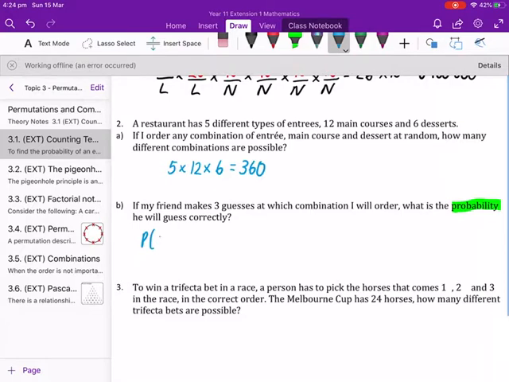So the probability that he will guess correctly will be our 3 guesses over our 360 combinations, which when we enter this into our calculator equals 1 over 120.